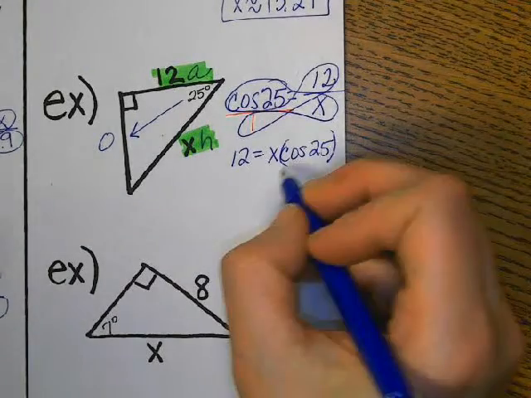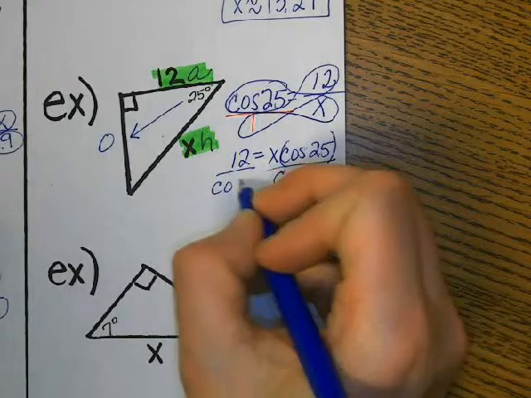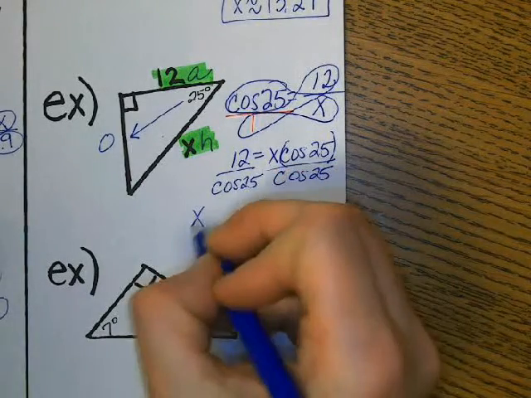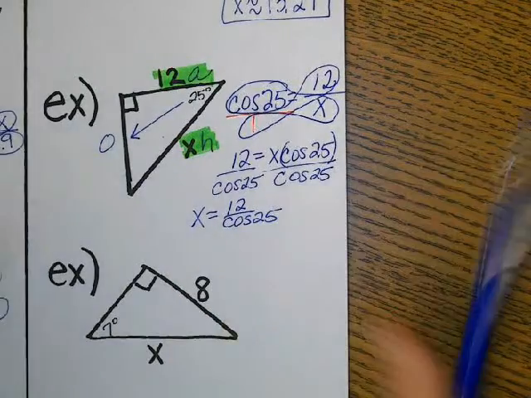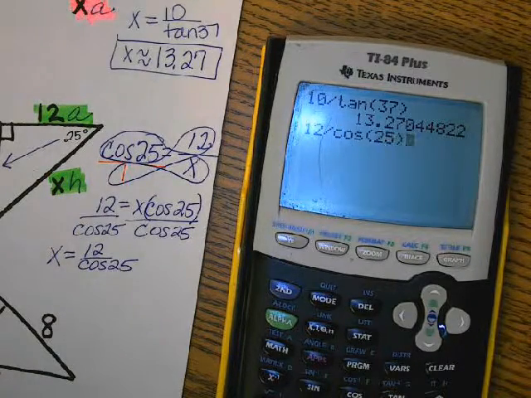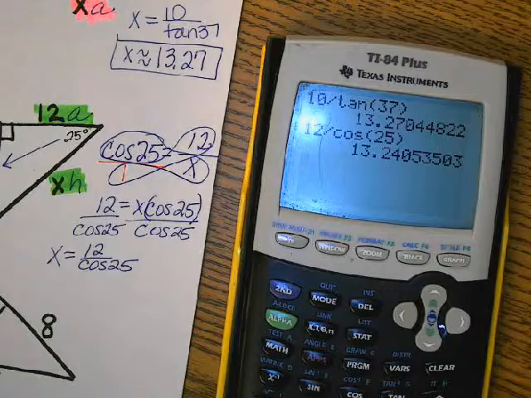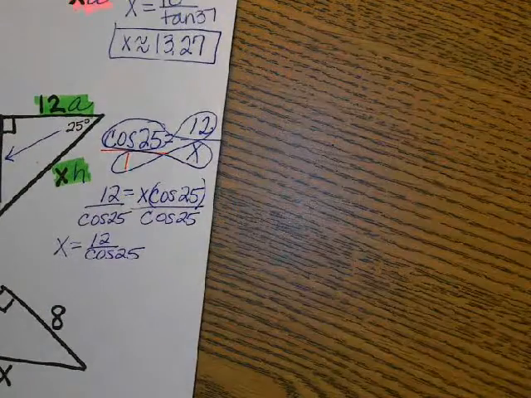So now to get x all alone, I'm going to divide by cosine of 25. So it's x equals 12 divided by cosine of 25. That's 13.24. It's going to stay a 4 because the number after it is a 0.